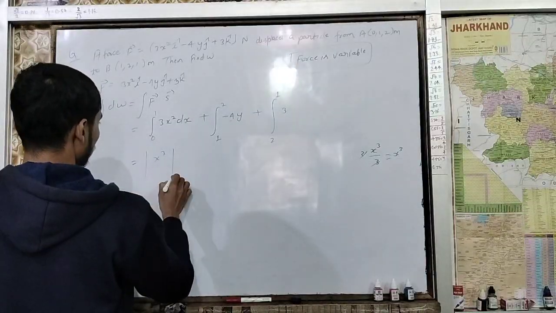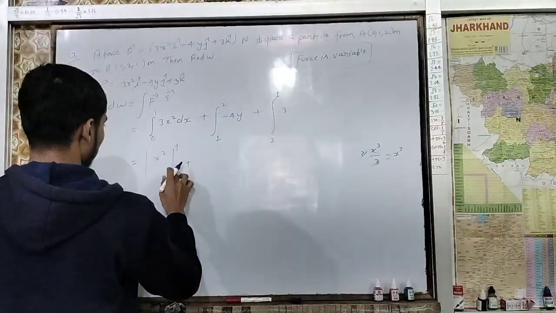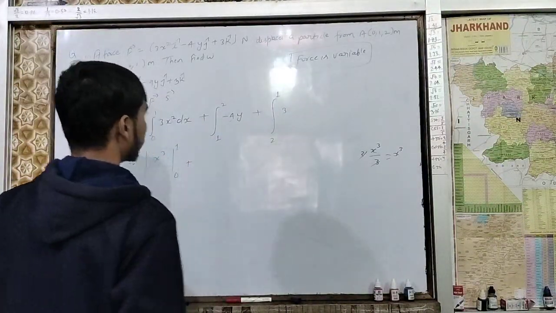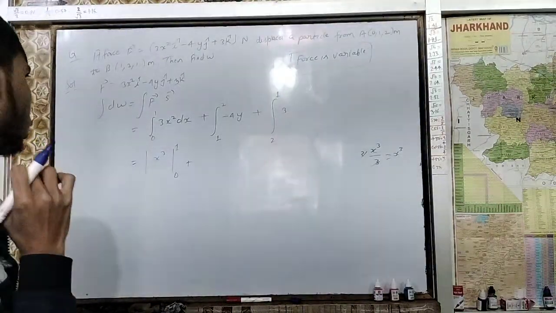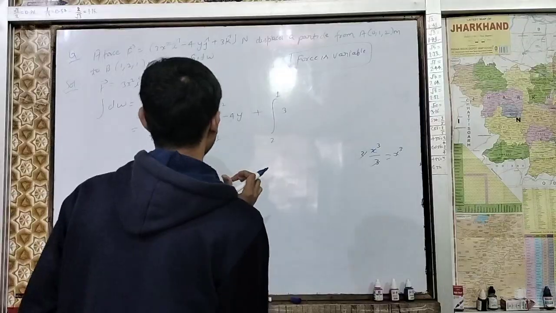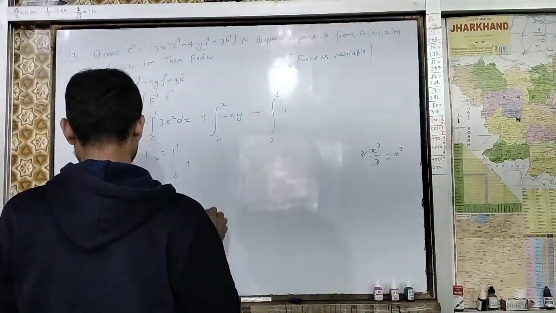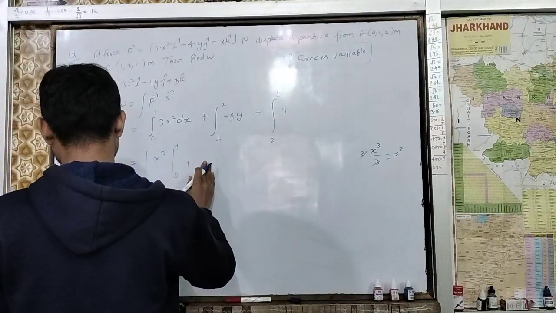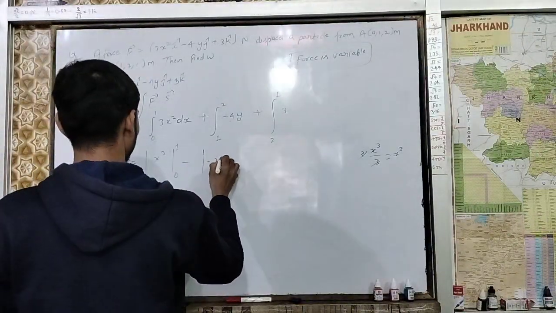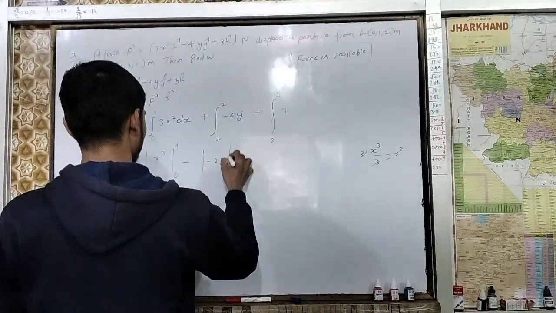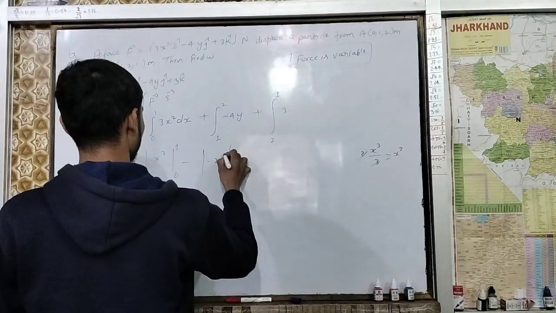Limit is 0, 1. Plus integration of minus 4y will be minus 2y square.